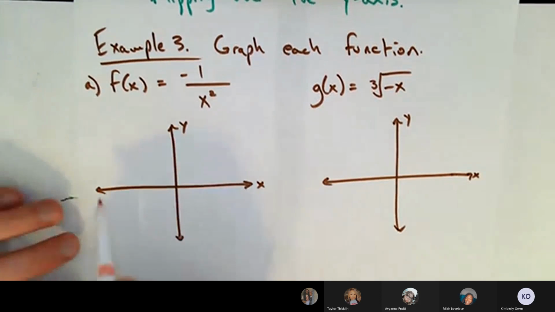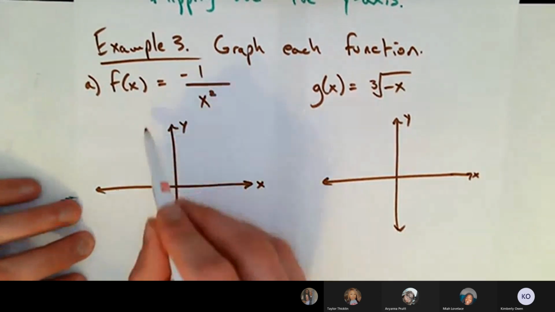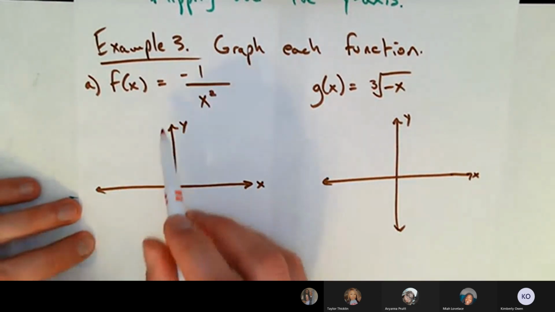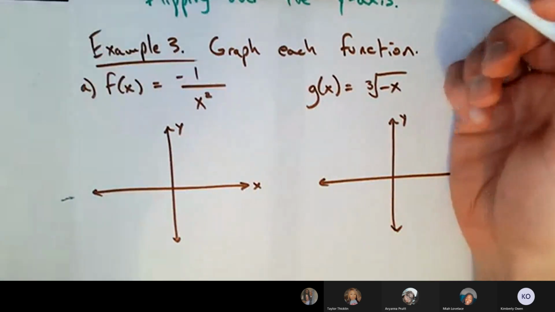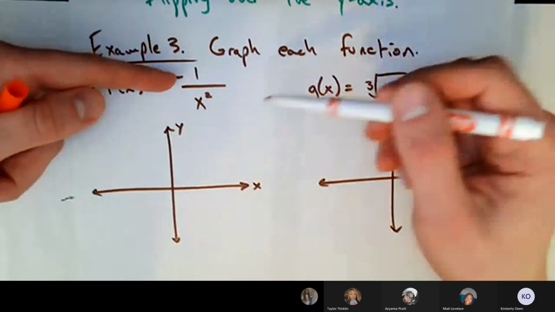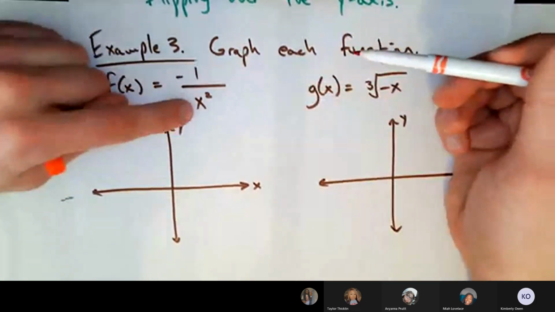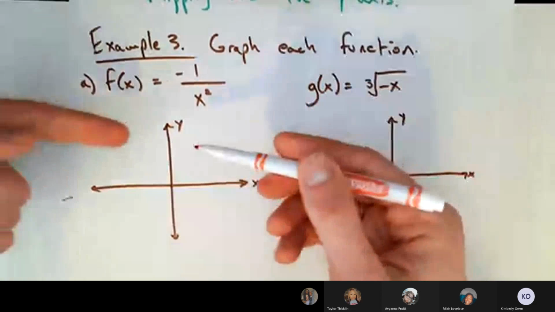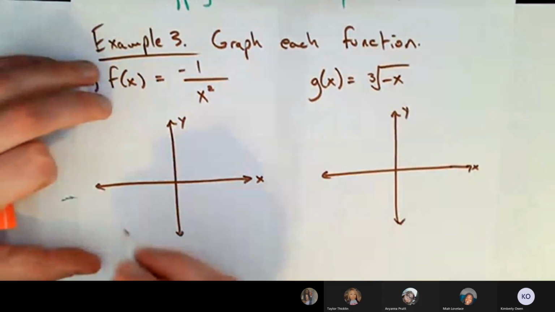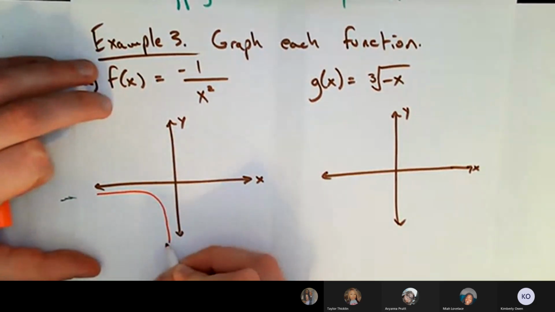Okay, 1 over x squared, got to remember that's that shape with the two L-shaped things both pointing up, but a negative outside the function reflects it over the x-axis. So this negative is outside of the base function of 1 over x squared. It's not stuffed in there next to the x. Right? So I should expect this graph to rotate over the x-axis right down here.